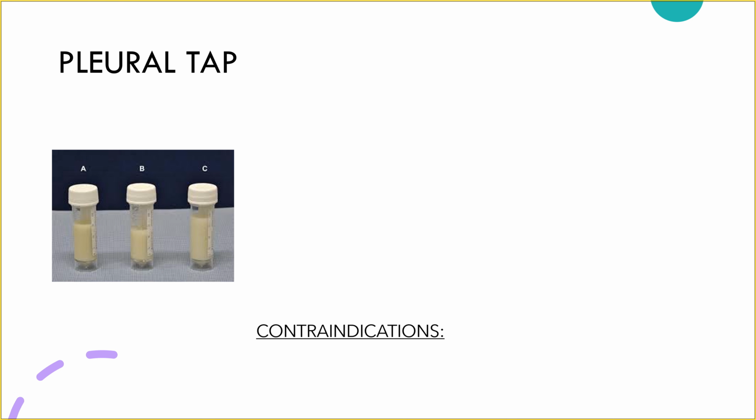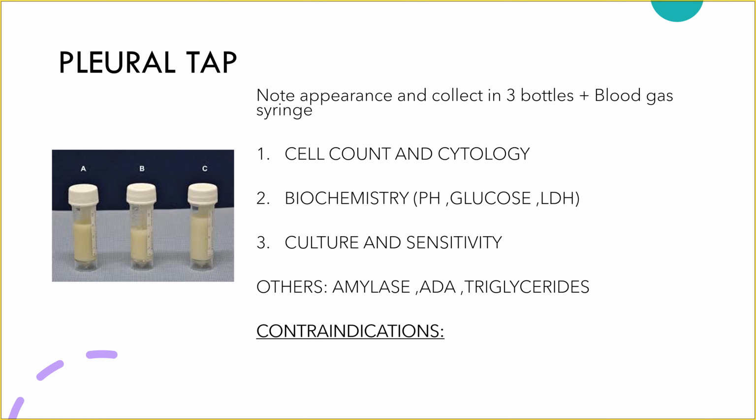The 3 bottles are sent for biochemistry, cell count and cytology, and also for culture and sensitivity. Other tests we might do, depending on what we are suspecting, are amylase, ADA levels, triglycerides, rheumatoid factor, and there are plenty of other tests.